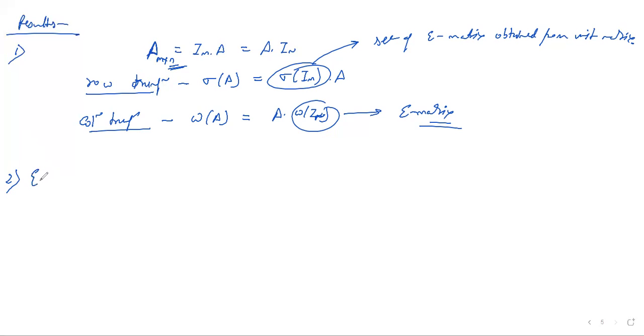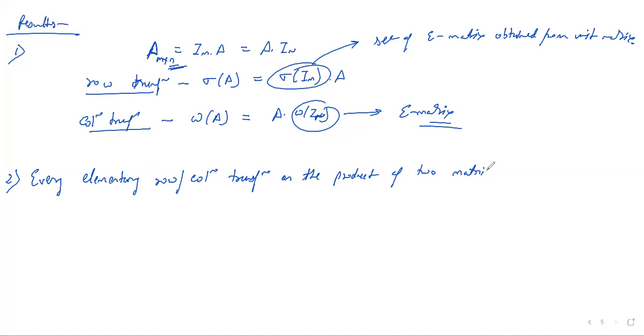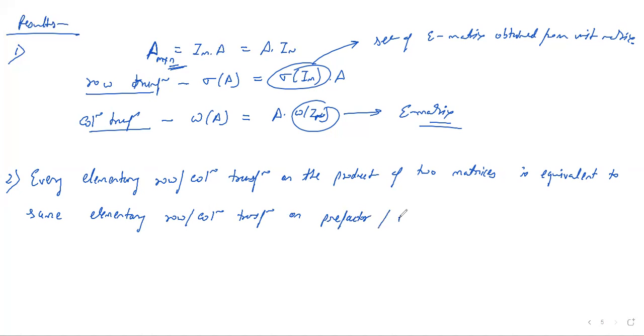In that case, every elementary row or column transformation on the product of two matrices is equivalent to the same elementary row or column transformation on the prefactor or post factor.